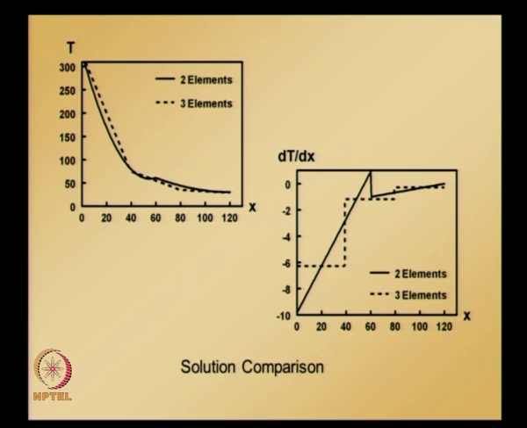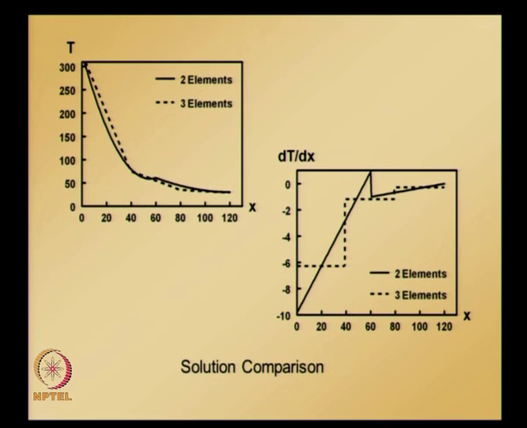You can see the solution is fairly close, that is, solutions obtained using 2 quadratic elements and 3 linear elements are almost close to each other, but there is a great discrepancy in the derivative of temperature solution that we obtain.